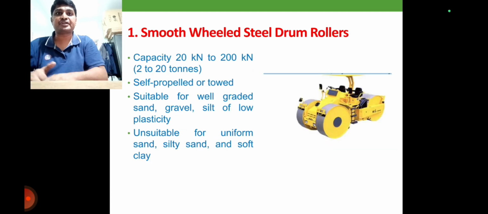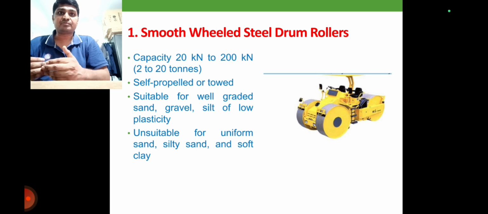For example, the smooth wheel steel drum roller has a capacity of 20 kN to 200 kN, that means 2 to 20 tons of weight, and it is self-propelled or towed. It is suitable for well-graded sand, gravel, and silt having low plasticity.